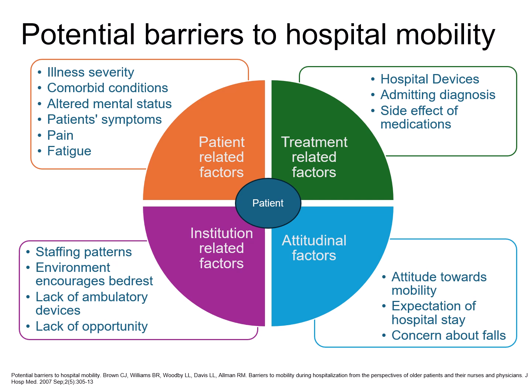Institution-related factors, so staffing and an environment that encourages bed rest, a lack of ambulatory devices, perhaps lack of opportunity, and attitudinal factors, so perhaps an attitude towards mobility, the expectation of hospital stay. Some people, perhaps their expectation is that they stay in bed until the day they get discharged. And concern about falls, not just the patients, but as we said earlier, the staff may well have a fear of the patient falling, and that can impede reconditioning.